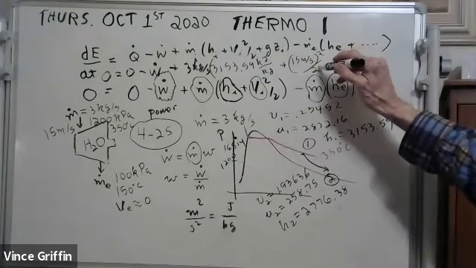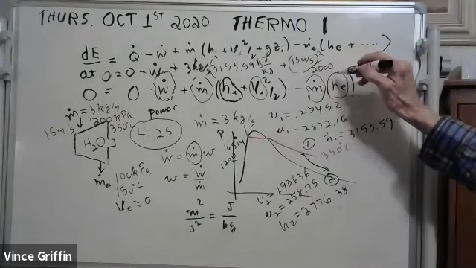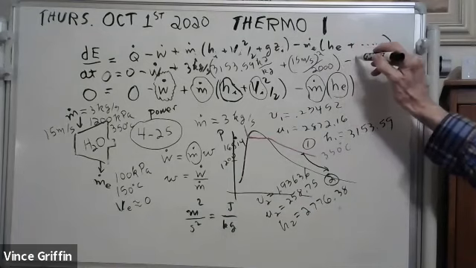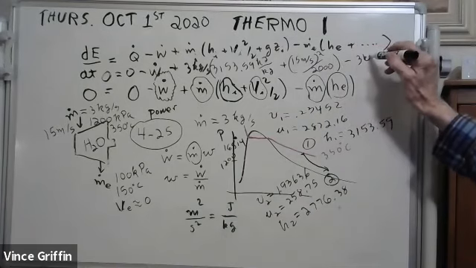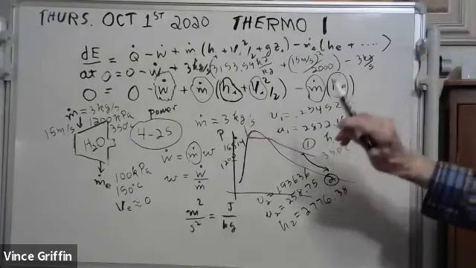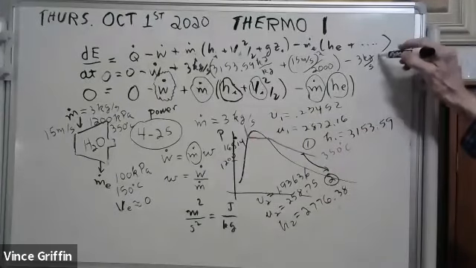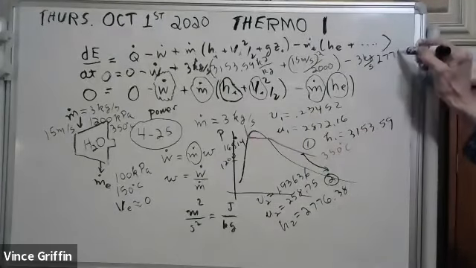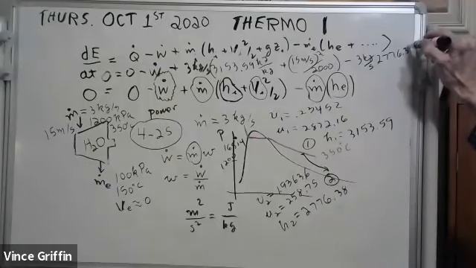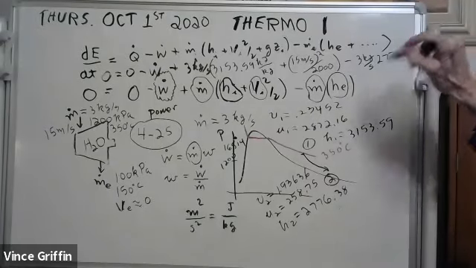So you have to divide by 2,000. Then we'll subtract 3 kilograms per second times the 2776.38. Oh, I ran out of space. Just barely got that in there.